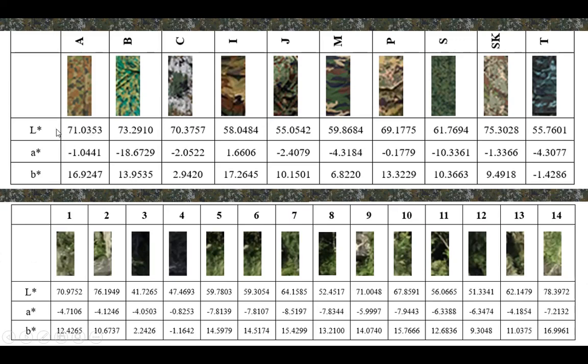So this is the overall LAB for this design. As I mentioned before, I have to run the overall LAB for each design, including the background also. So how it works, for example, from A, I evaluated this camouflage in location 1, 2, 3 up until 14. B, the same, repeating until T from location 1 to location 14.